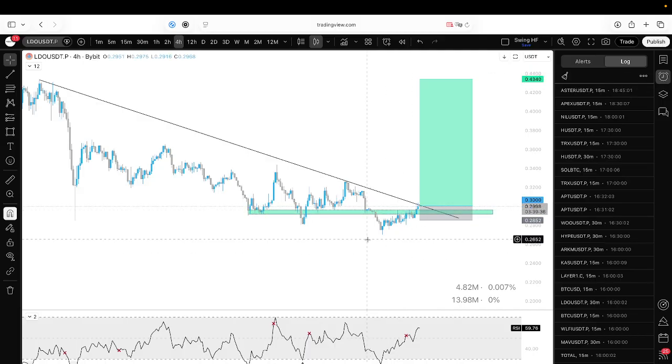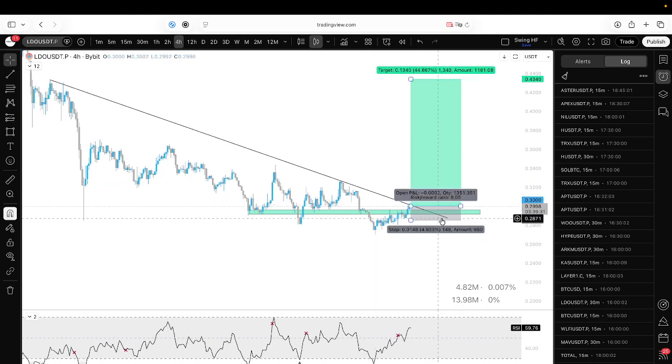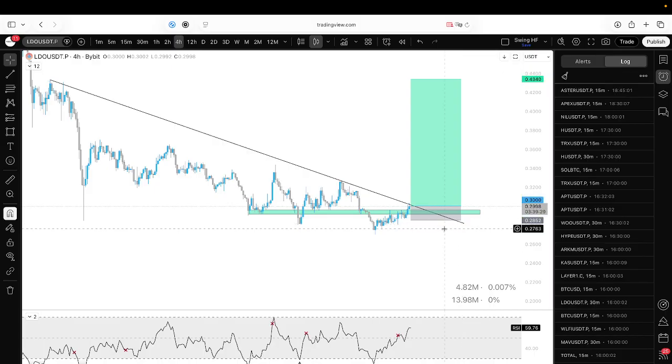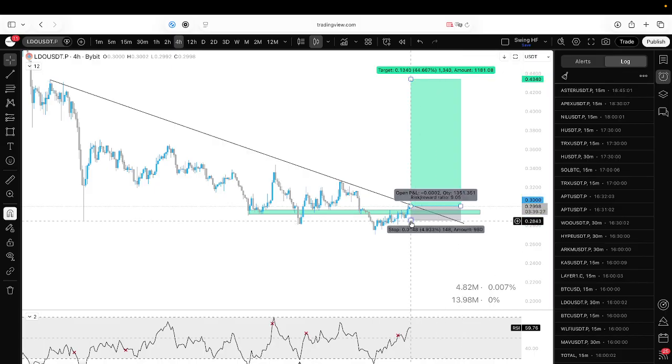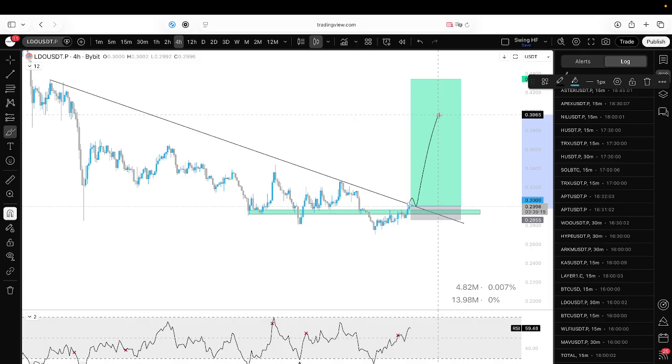Like this. Yeah. Definitely. So you can try to anticipate the breakout, even if it's not a good thing. Or if you want, you can just wait for a breakout and a retest, so you can position on the retest, for example.